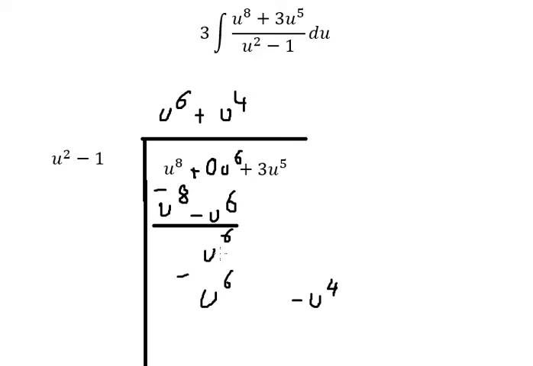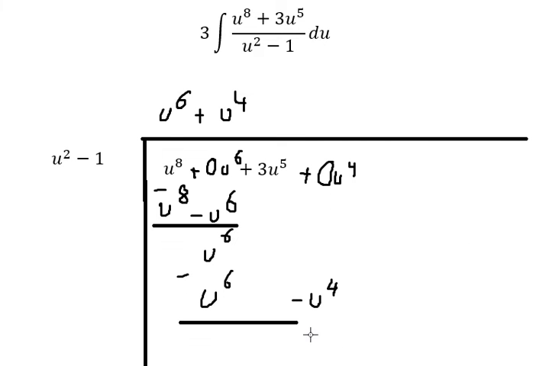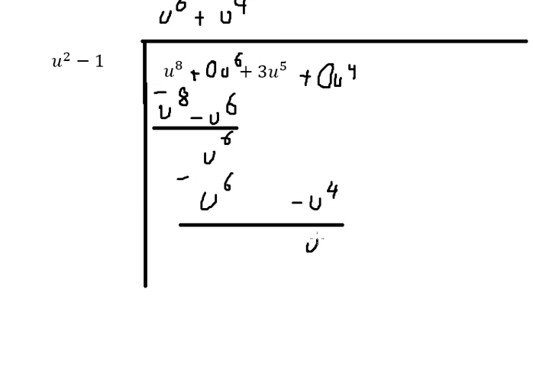We subtract the two equations in here, because we don't have u to the power of 4 in here. So that means we have number 0. 0 minus negative number 4, we have positive number 4. So this one they will cancel.